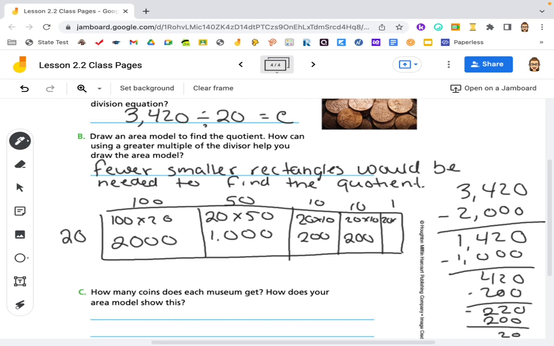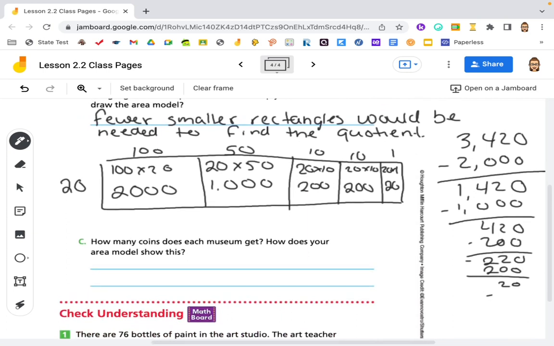So 20 times 1 is 20. So then it says, how many coins did each museum get? How does your area model show this? Well, first, we add, so 100 plus 50 is 150, plus 10 is 160, plus 10 is 170, plus 1 is 171. So we have 171 coins.